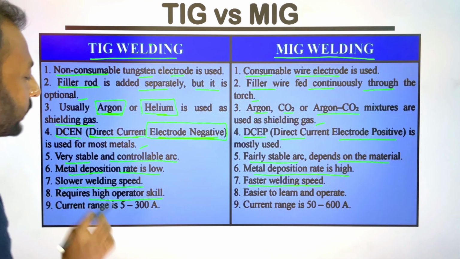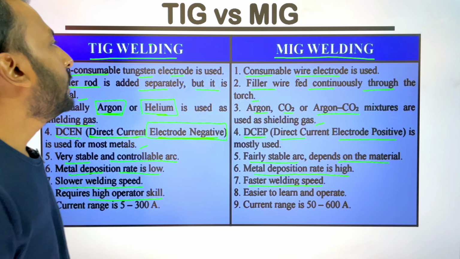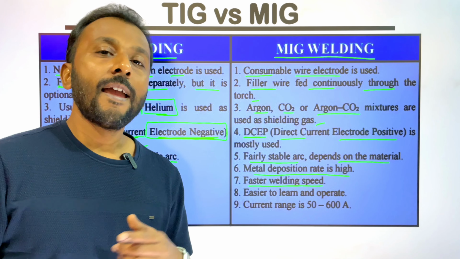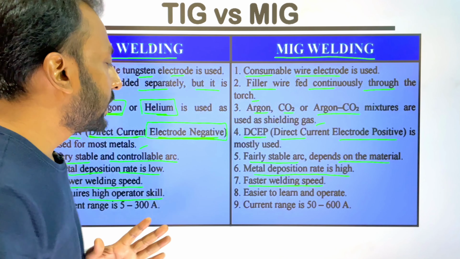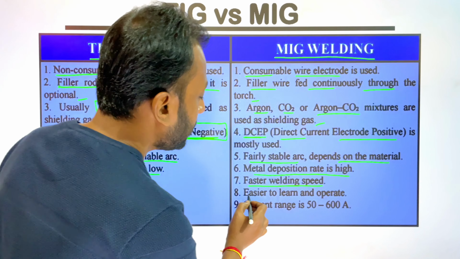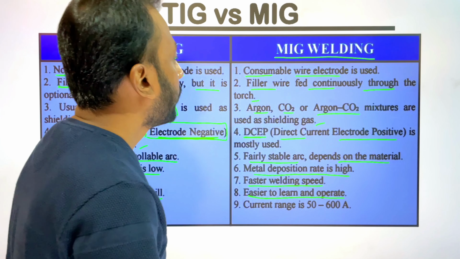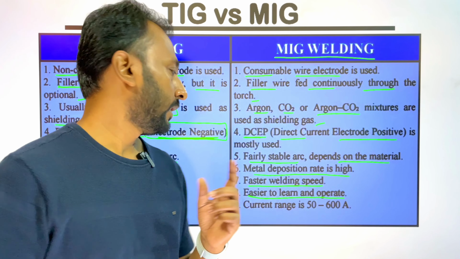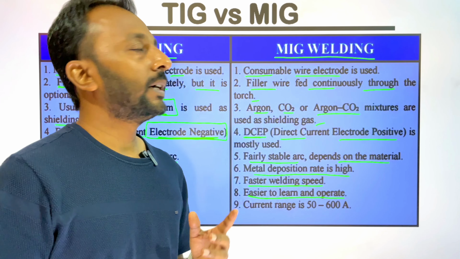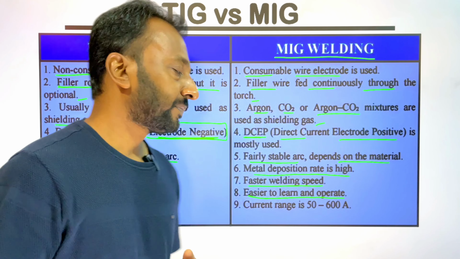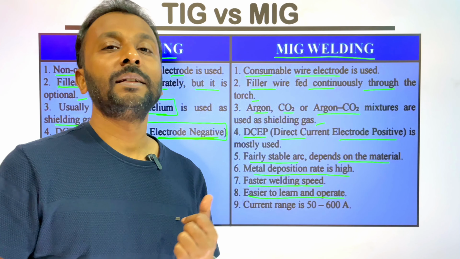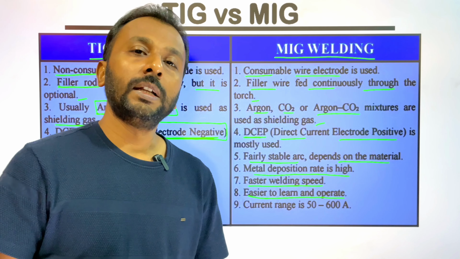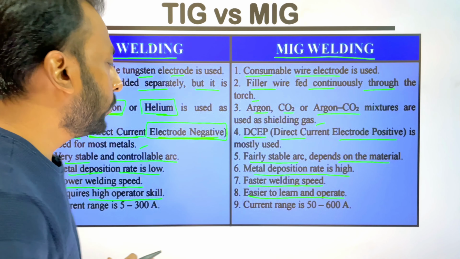If I want to do welding using TIG welding, then I have to be very skilled. But MIG welding is easier to learn and operate. MIG welding also needs a skilled operator, but if I am a beginner welder, then I can do MIG welding. But a beginner cannot do TIG welding in a superior way.